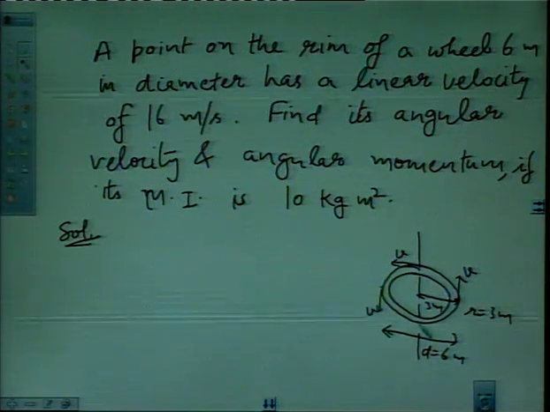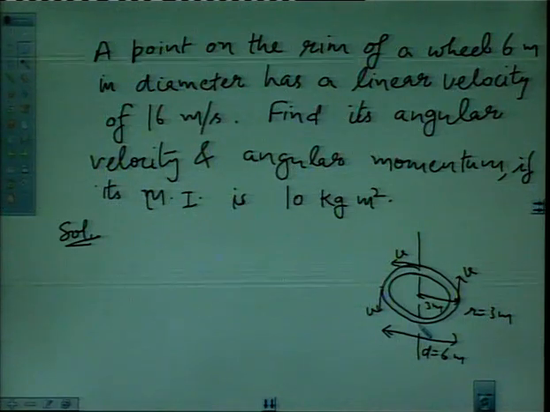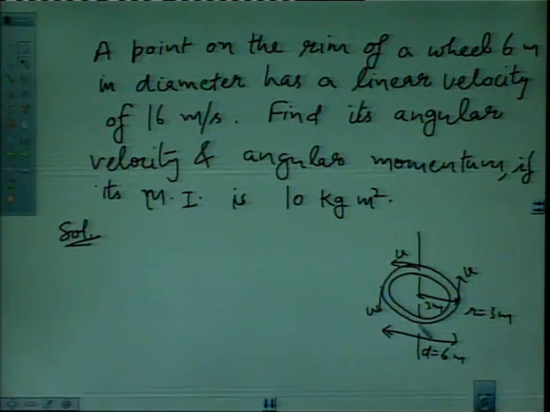So, on every point the linear velocity is changing, but its angular velocity is constant if it is revolving in a circle.